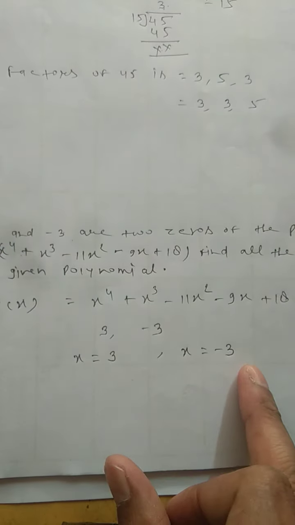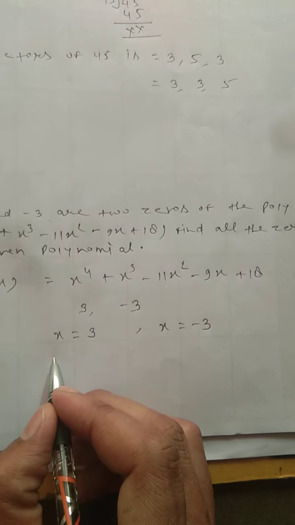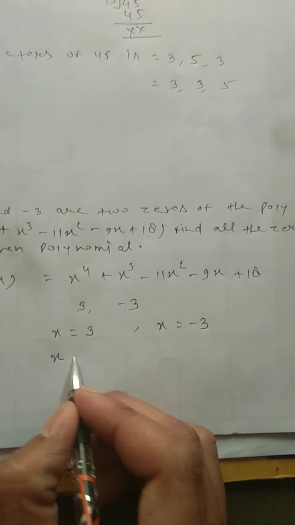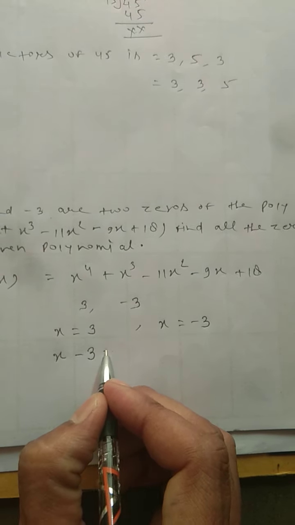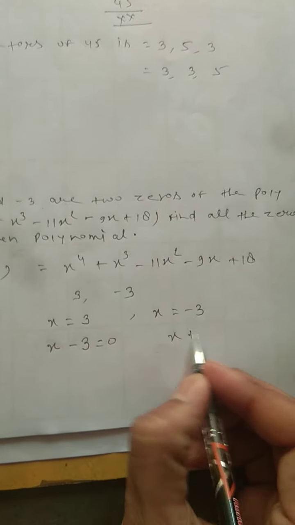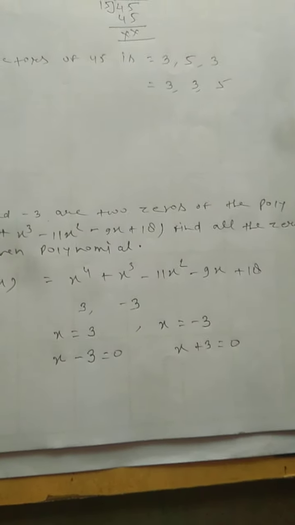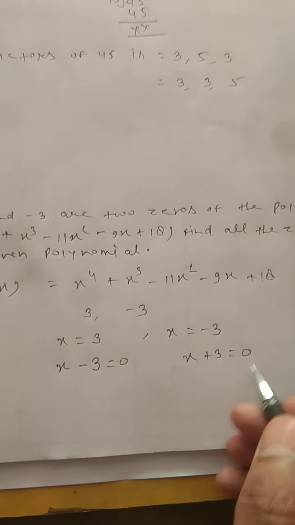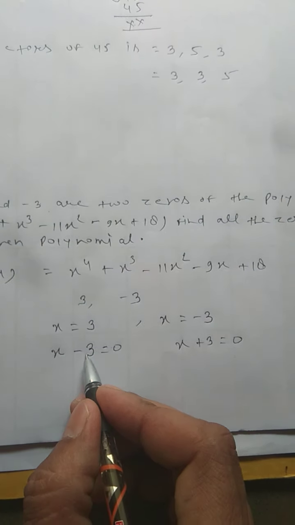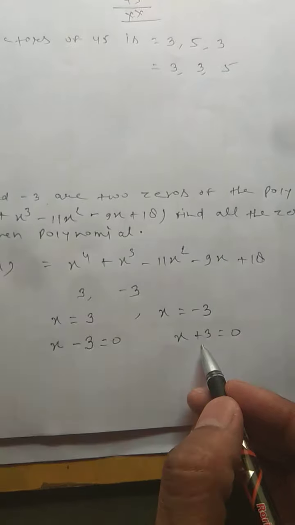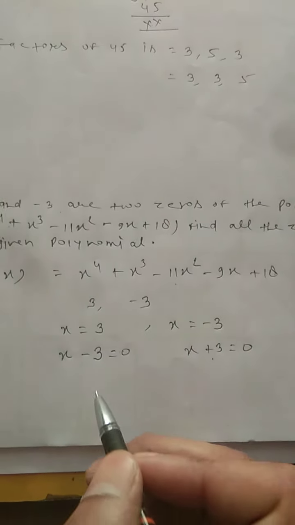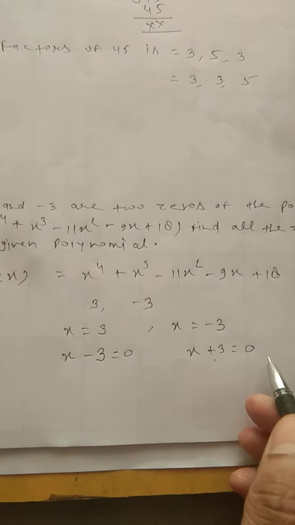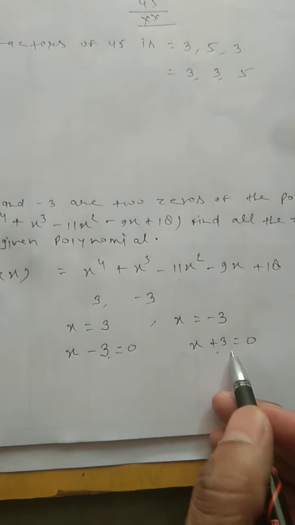By transposing we can get their factors: x minus 3 equals 0 and x plus 3 equals 0. So x minus 3 and x plus 3 are factors of this polynomial. In this way I got two factors, x minus 3 and x plus 3.